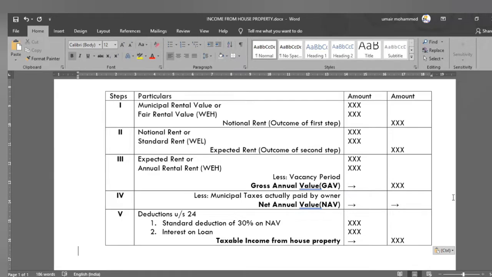So fair rental value is based on market sentiments. It is a value determined by market forces, demand and supply. It is the rent normally charged for a similar house in the same locality.